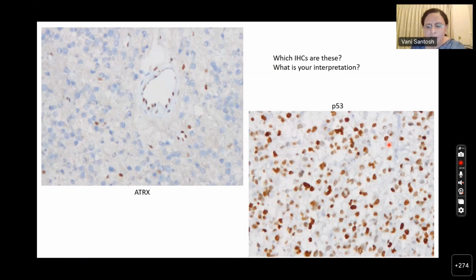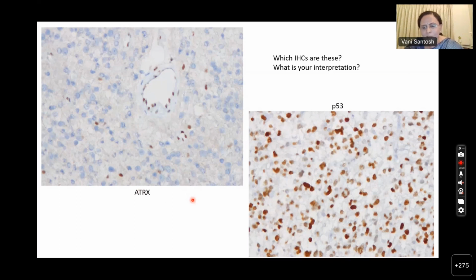How can you explain that? When there is ATRX mutation, there is no expression. See, ATRX is a gene that is mutated in two groups of gliomas. One is IDH mutant astrocytoma and the other one is histone mutated pediatric type gliomas.